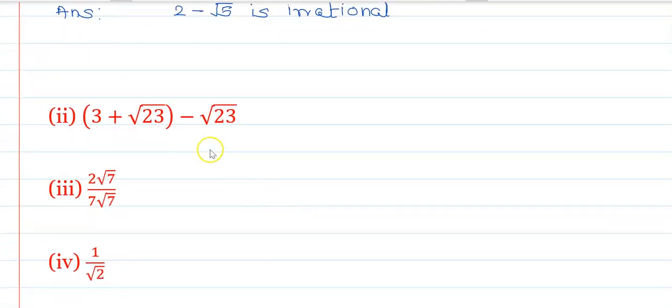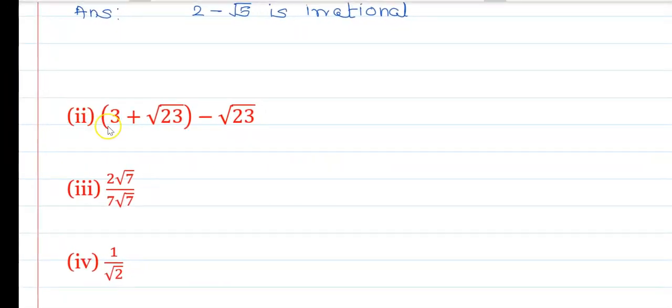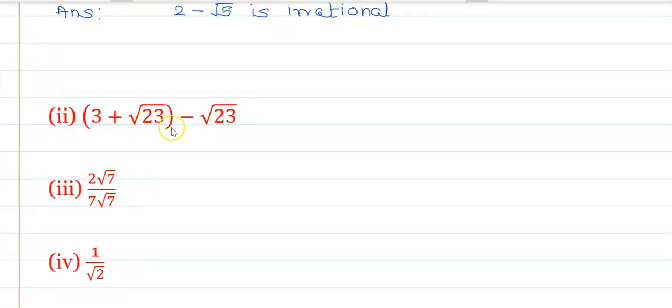Next, in bracket 3 plus root of 23 minus root of 23. We evaluate this bracket: plus root 23 minus root 23 cancel, and you are getting 3. This is a rational number.